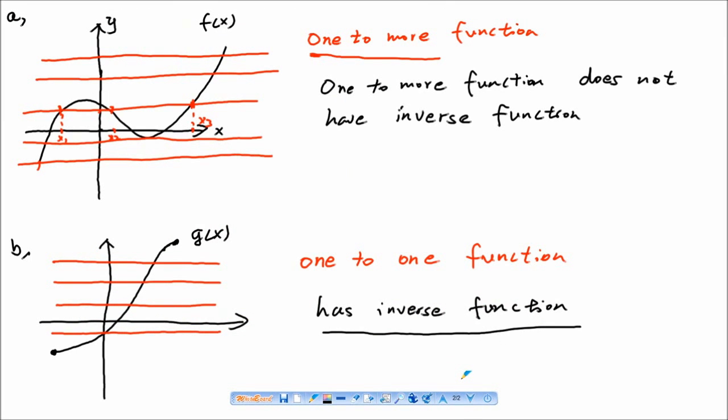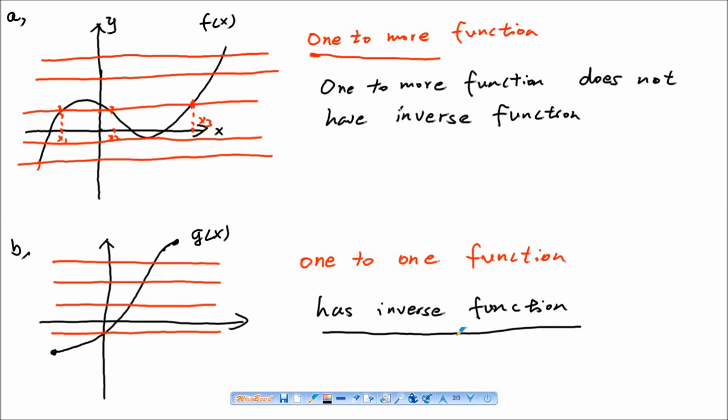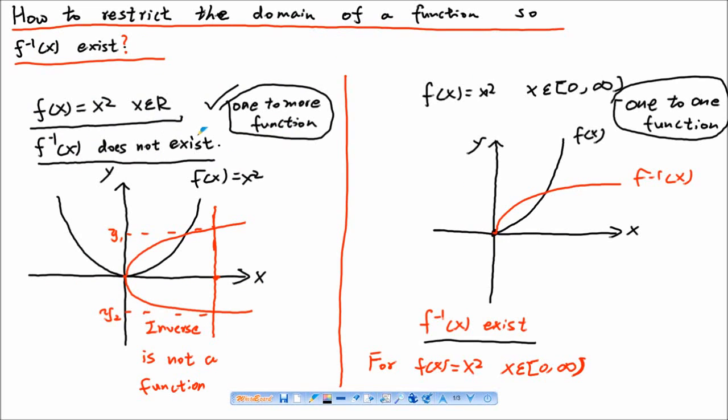It seems pretty easy, but the examiners in your math methods come up with so many creative ways to ask a question on this topic, whether a function has an inverse function, or how to restrict the domain so the function has an inverse function. So I'll do some examples now.